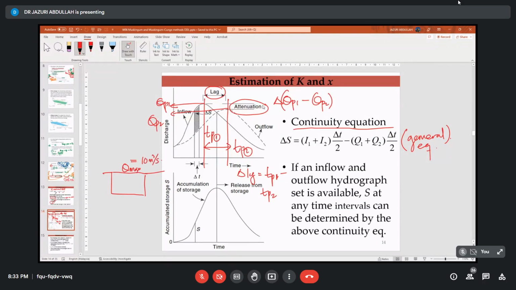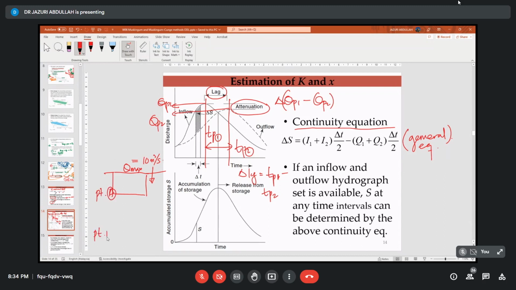Okay, so whenever you do the attenuation, you try to reduce Q. Maybe what you have to do is, let's say this is adalah point A. Okay, tadi kita ada buat point B. Okay, so you want to have the travel from point A to point B. So you have to make sure that at the point B, the water level reduce as goes to Q peak as well. Let's say dapat 8 meter cube. Okay, so 8 meter cube per second. So this 8 meter cube per second, so you have the difference about 2 meter cube per second. So this is the attenuation that you like to have.